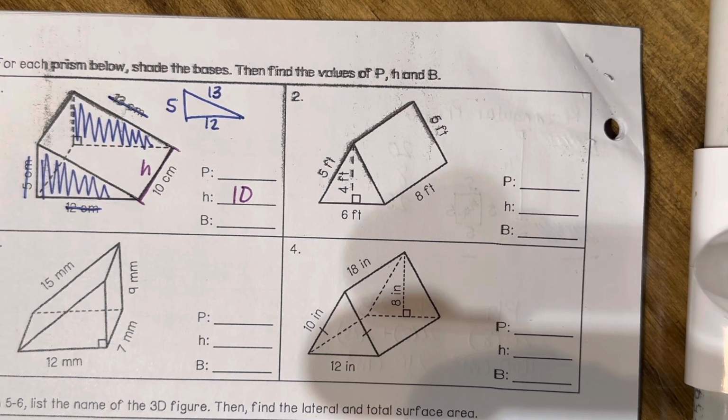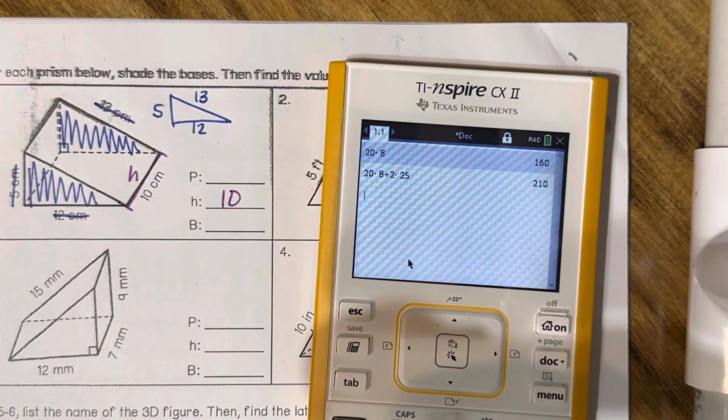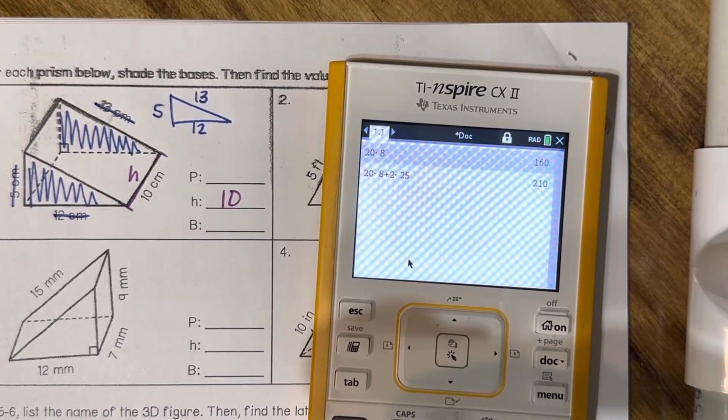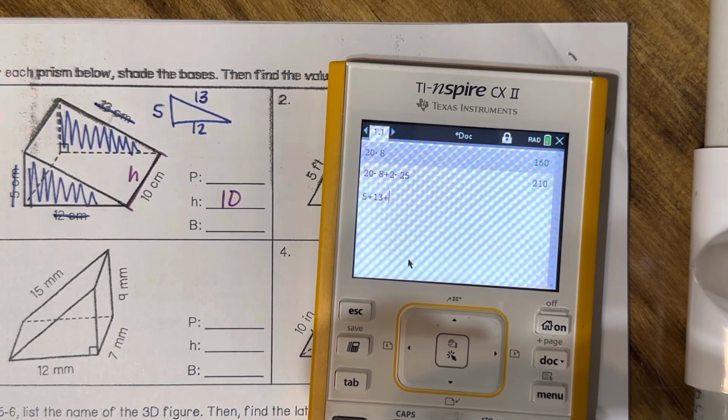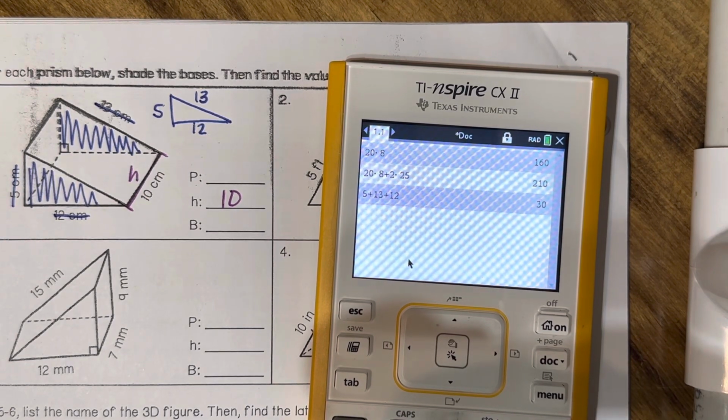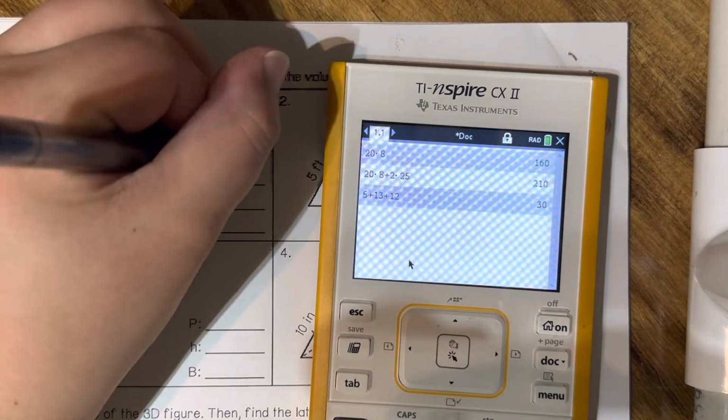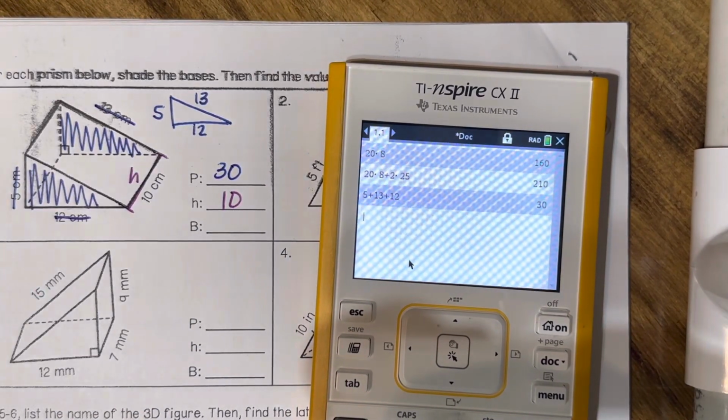My P is the perimeter of my base. So in this case, the P here, I'm going to add up all those sides. 5 plus 13 plus 12. I can do it in my head, but you also have a handy dandy calculator that you can type it into. 5 plus 13 plus 12. Oh, my perimeter is 30.